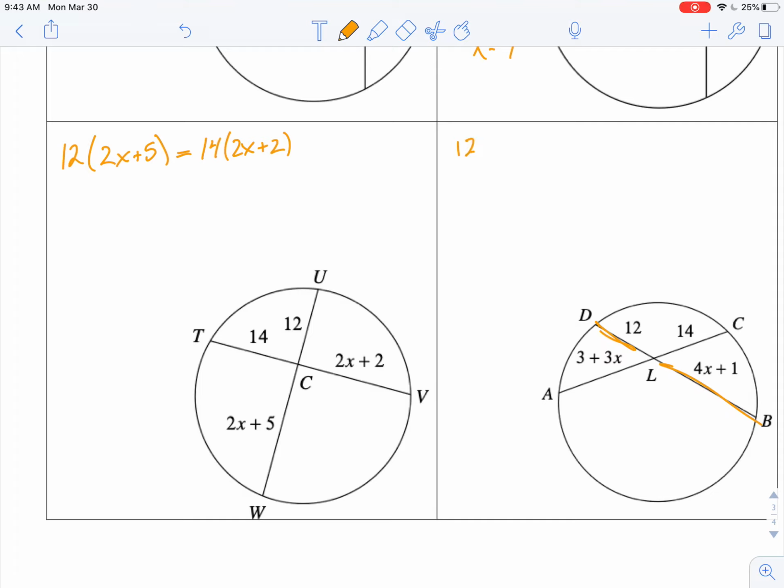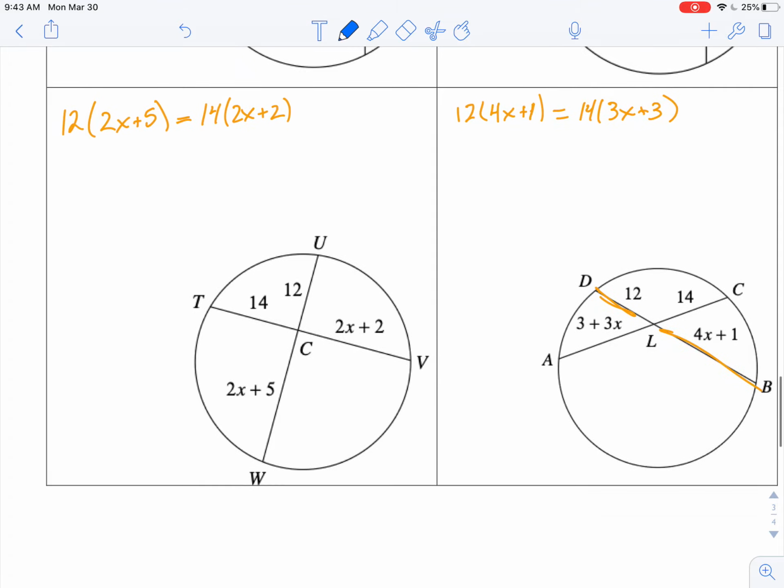And here, 12 times 4x plus 1 equals 14 times 3x plus 3. And then, of course, we could distribute and distribute to solve for x. But I'm going to leave that up to you.